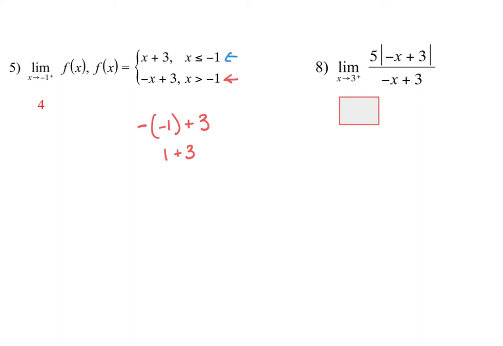So let's say x is going towards... Can -x plus 3 cancel? It can, right?